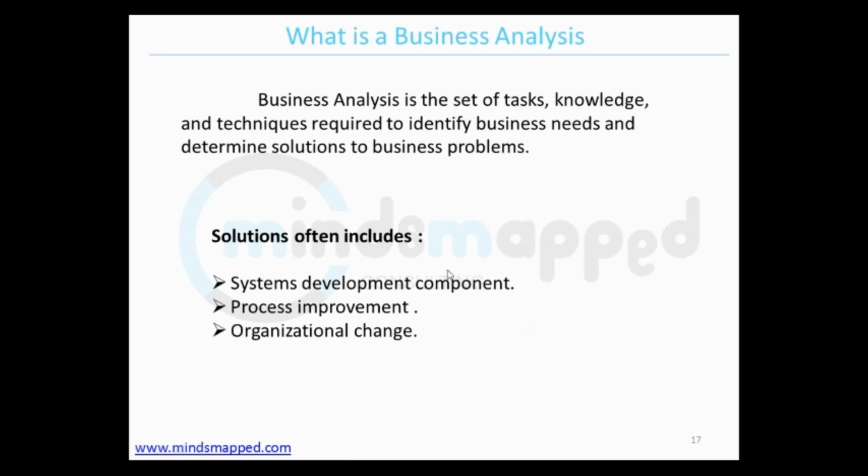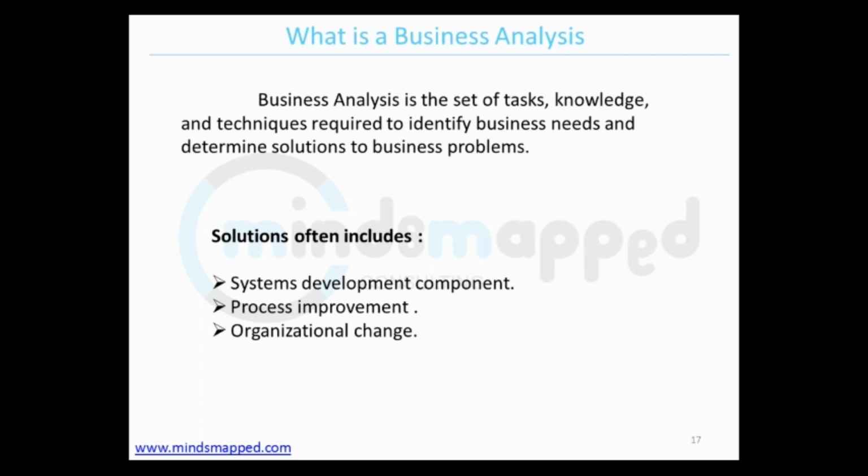Okay, so what is business analysis? Here is where our actual course starts. Business analysis is a set of tasks, knowledge, and techniques required to identify business needs and determine solutions to business problems. This solution often includes a software development component, process improvement, and organizational change.